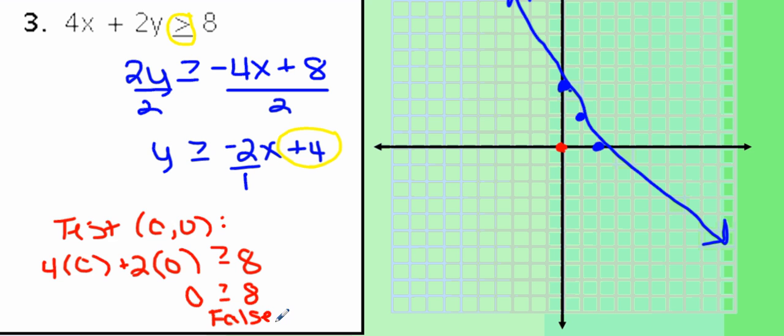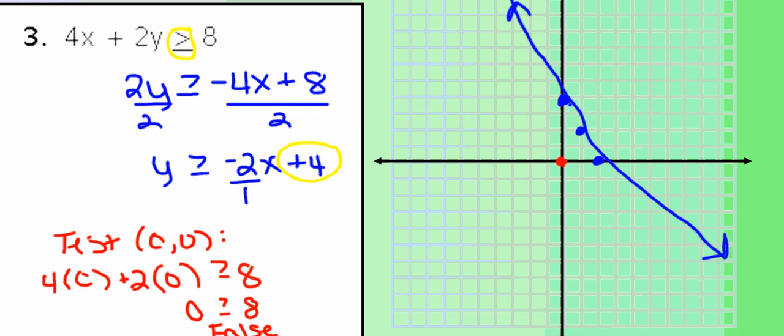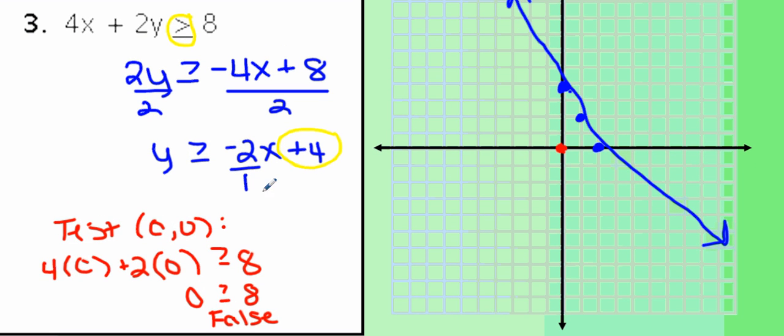So now that I have a false statement, when I go back to my graph, I'm not allowed to shade 0, 0. When you have a false statement, you cannot shade where you have plotted 0, 0 on your graph. We're going to shade on the opposite side.